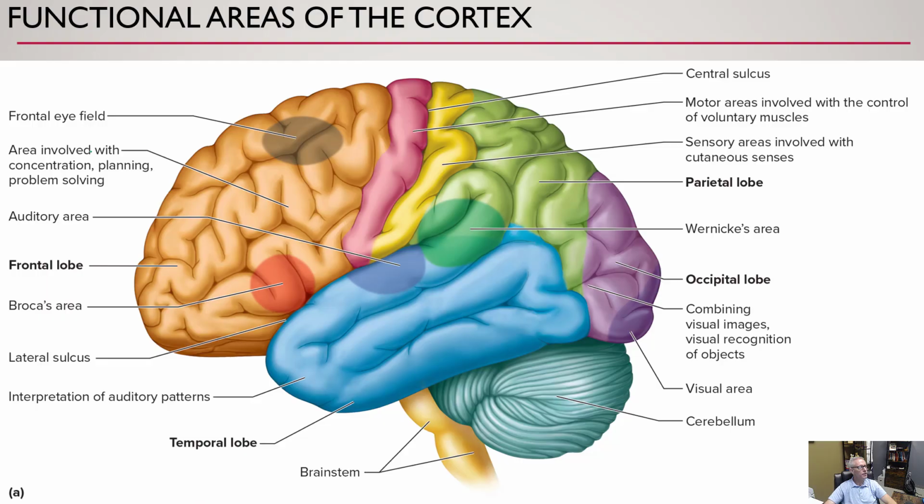So we have the frontal lobe, temporal lobe, parietal lobe, occipital lobe. We'll go through what each of the lobes do, and we'll come back to the slide in a little bit.